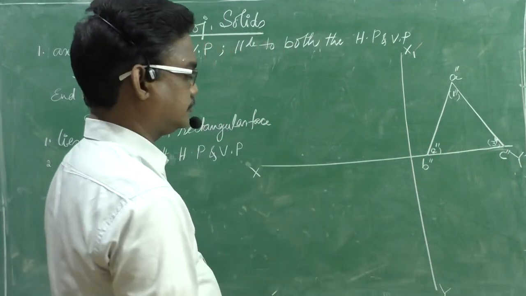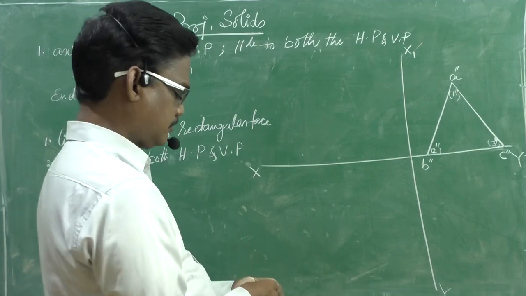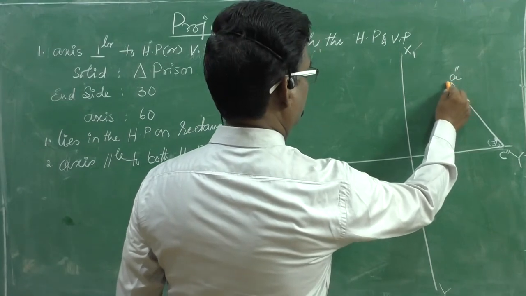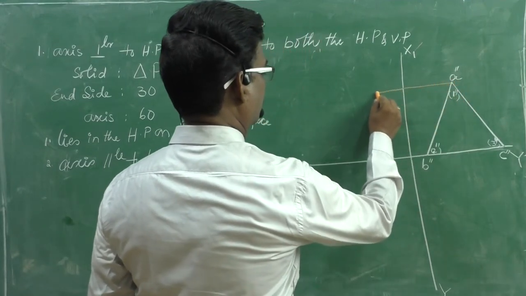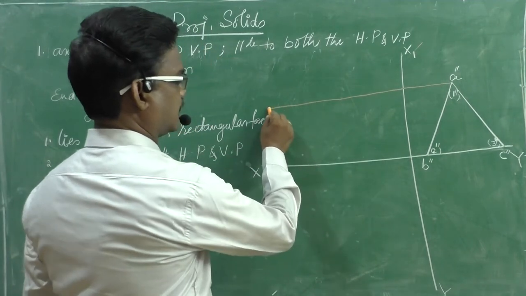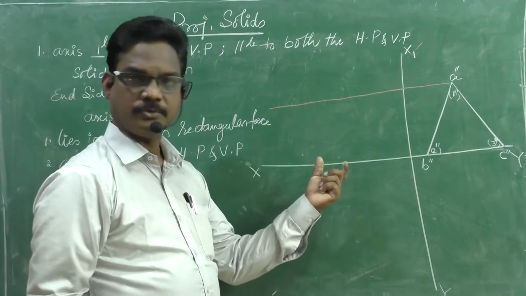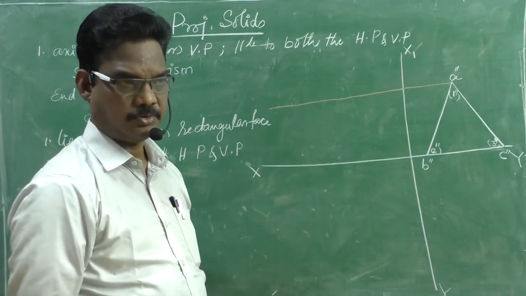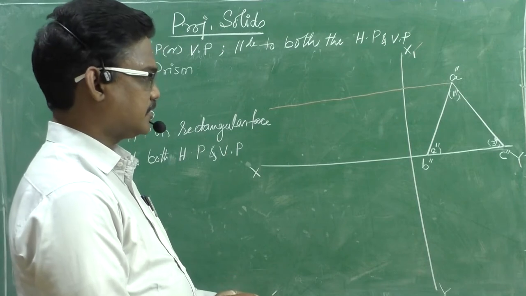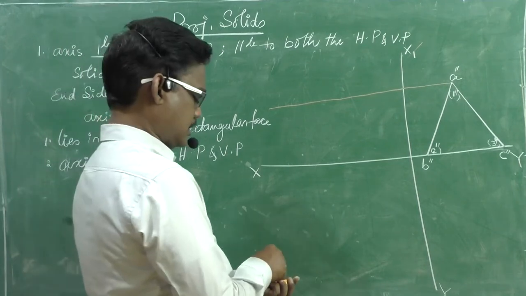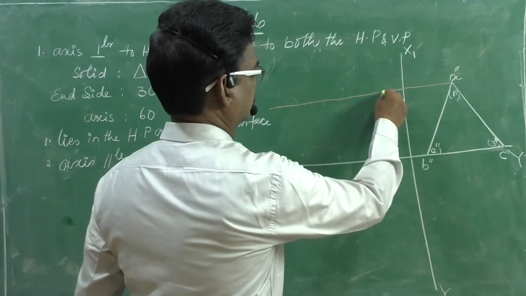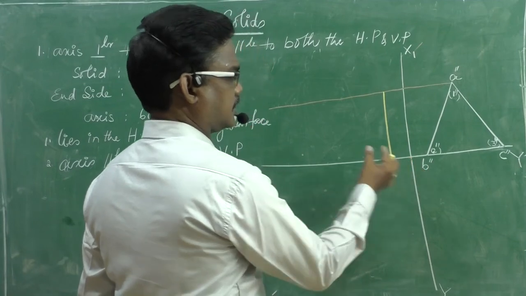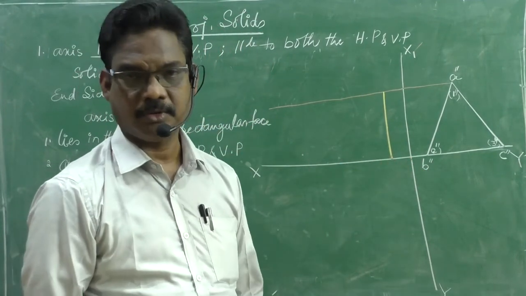Right. Now, for the front view, we need to project it likewise. In the front view, the true length of the axis is visible, and one end face we can assume here. Here you may ask, what is the distance from here? Actually, that is not given in the problem.